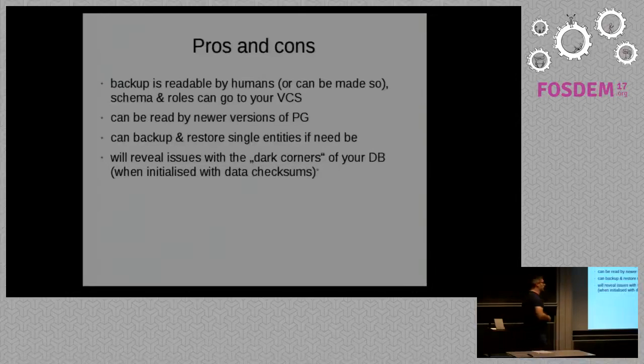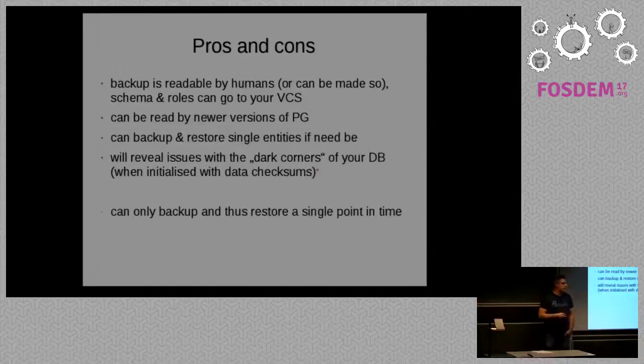Another thing is, doing a pg_dumpall will read all of your database. So if you have checksums on your PGDATA and you have that table that you look into once a year, and you have a corruption on that, that will be revealed by pg_dumpall or pg_dump. So it's not that bad after all.